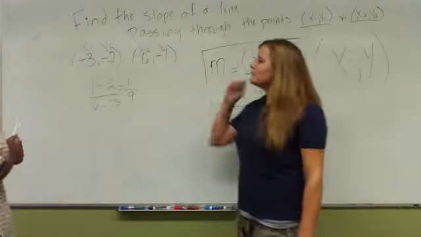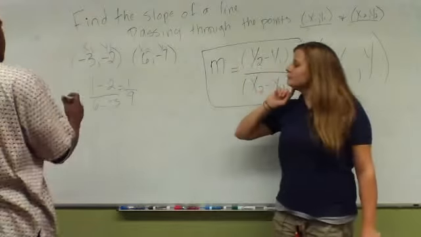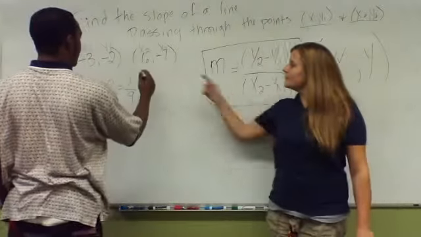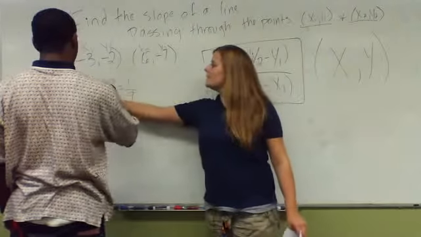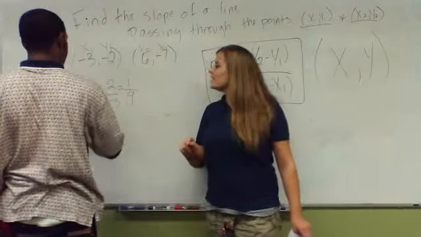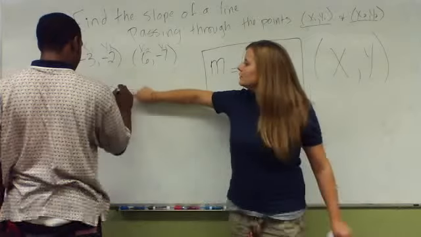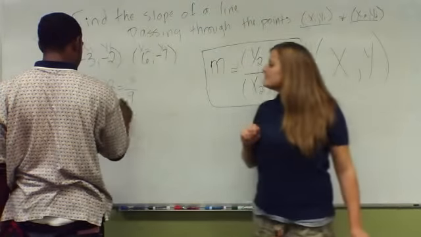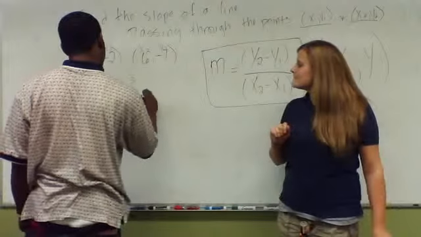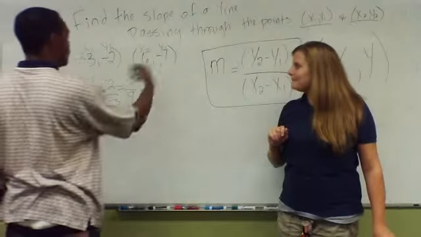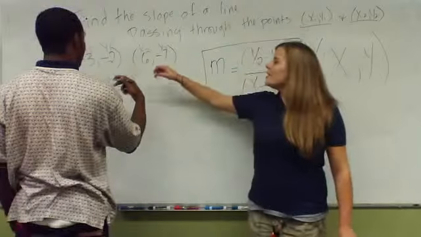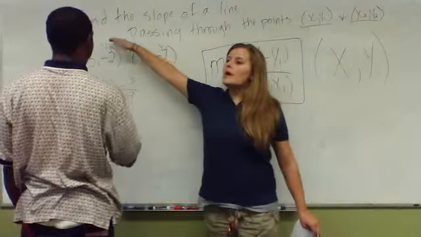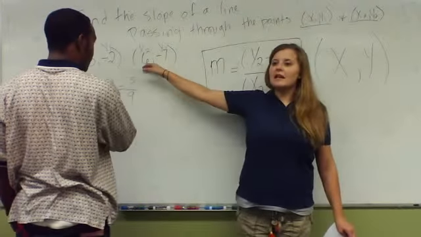Okay, so walk me through it. What'd you just do? Alright, so I placed the negative 1. Yeah, there you go. Alright, so what's this change to? Negative 1 minus 3. And then you got reduce. Okay, so he made point 1 and point 2, right, just like I did, left to right.